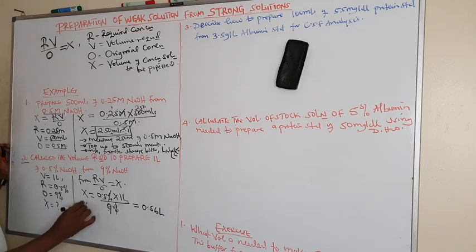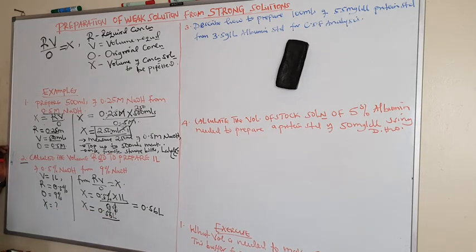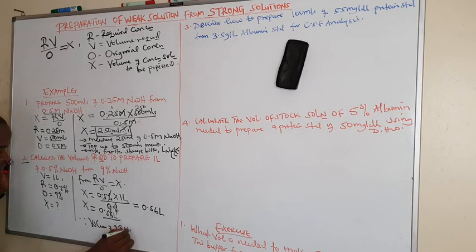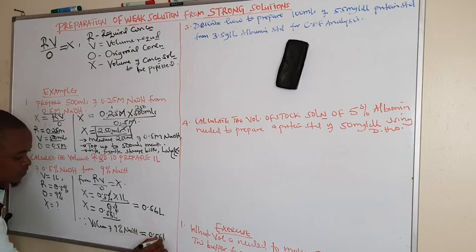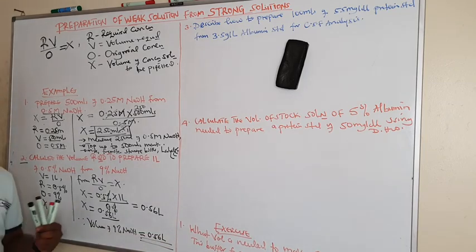X is equivalent to 0.56 liters. If you want, you can convert liters to ml, but if not, you can end from here. We conclude by saying the volume of 9% sodium hydroxide required is 0.56 liters. And we stop there. This is how we can calculate this.